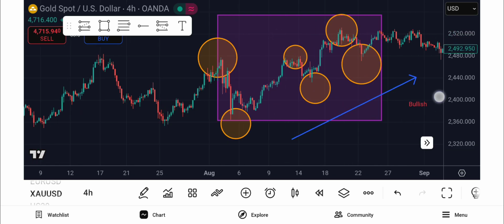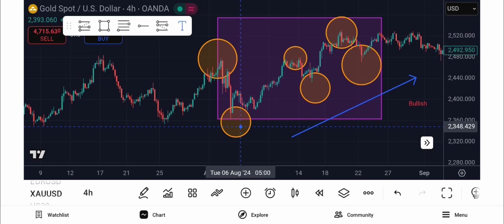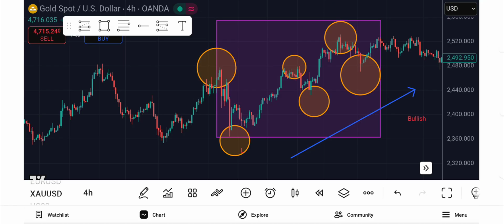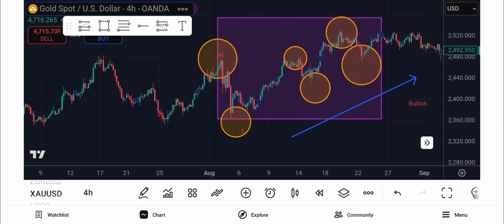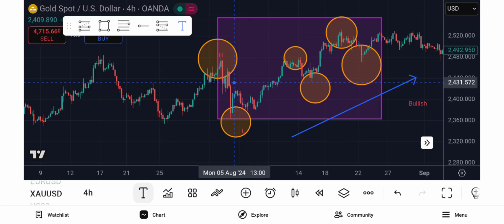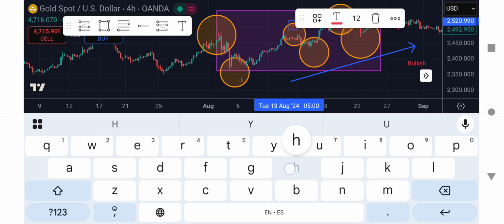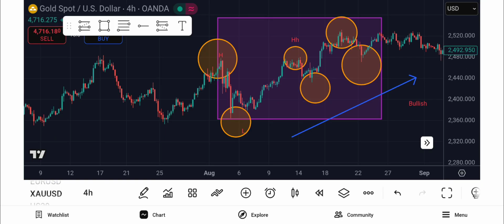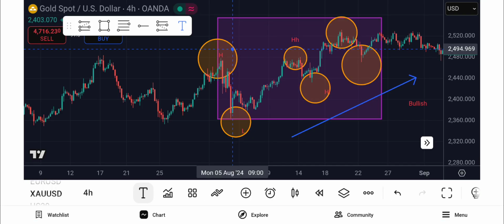Once that high got taken, this is the low, this is the high. Once this low broke this high and formed this high, and came back down and formed this higher low, what happened after that?